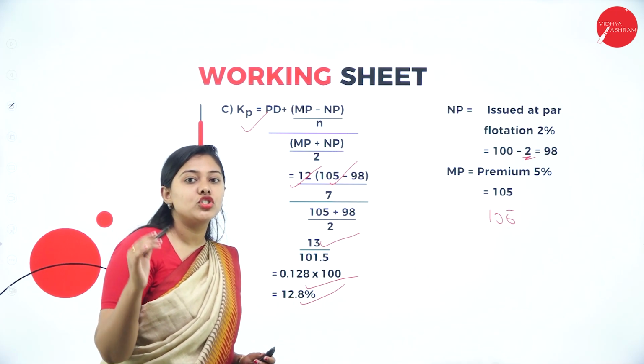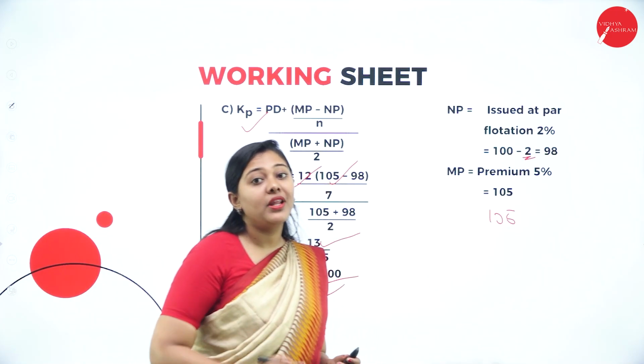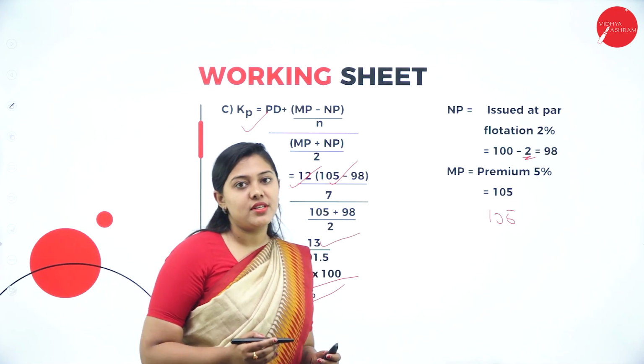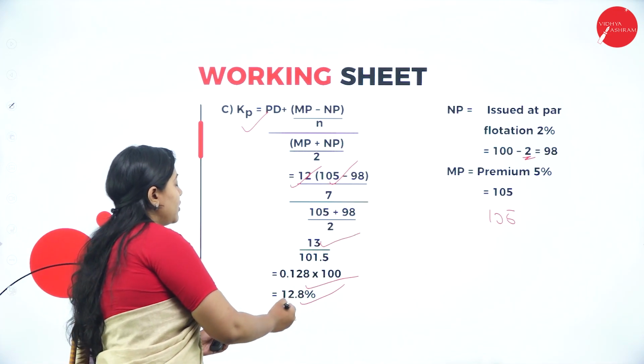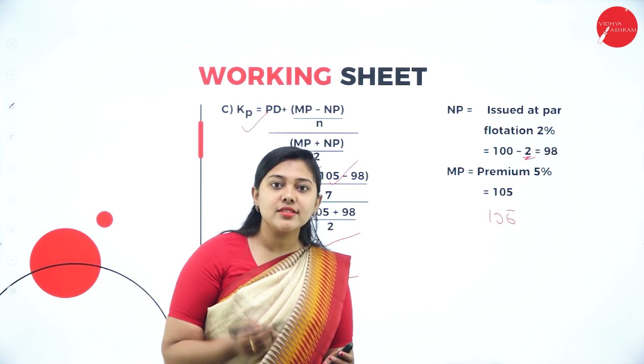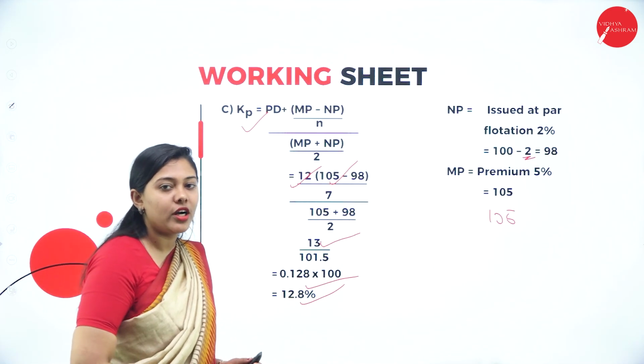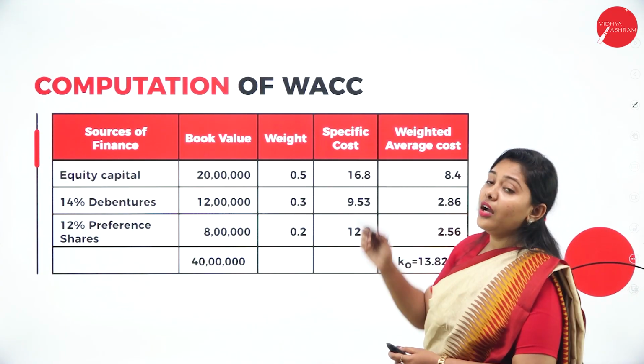So what is the preferential dividend when it is redeemed at a premium of 5%? The cost of preference shares will be 12.8%.